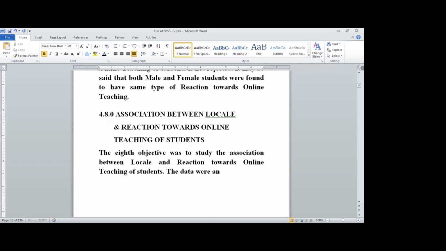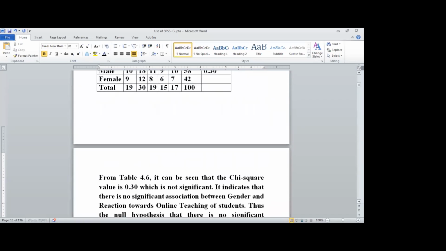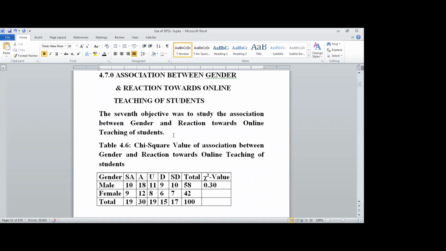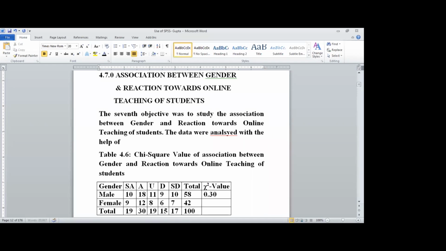The data were analyzed with the help of a 2 by 3 contingency table, or you can say with the help of the chi-square test.